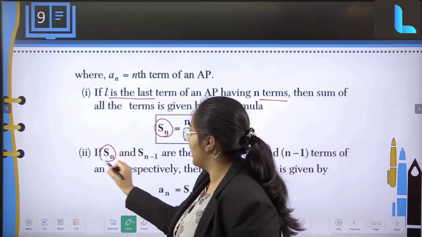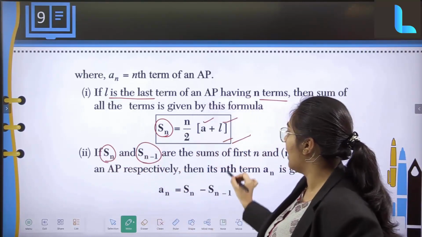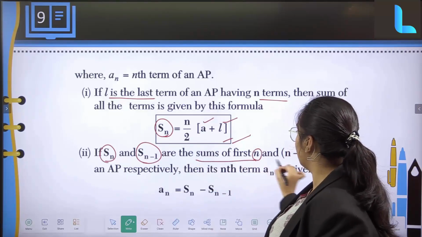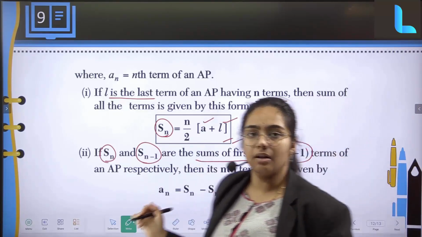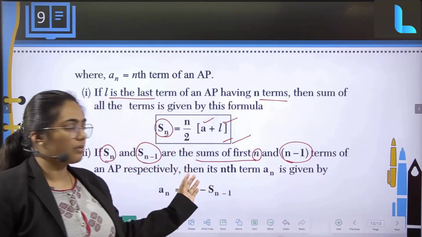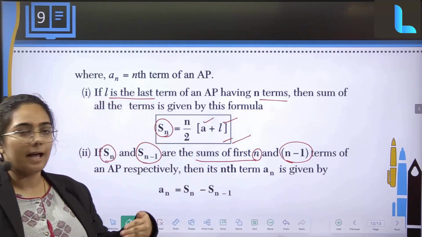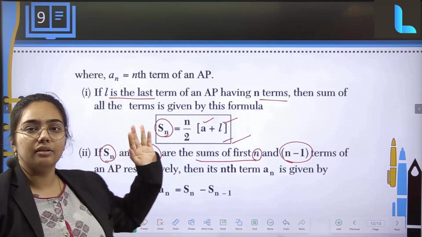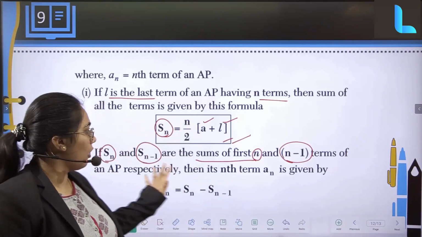Right, if Sn and Sn minus 1 are the sums of the first n and n minus 1 terms of an AP respectively, you will not understand this quickly unless there is an example, so I will take one question related to this and solve it.